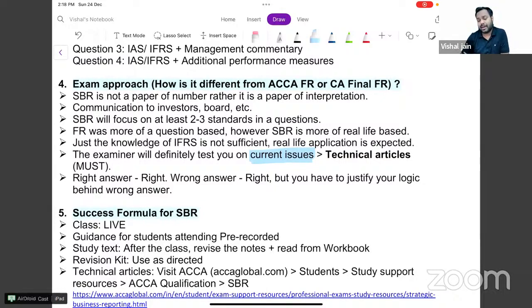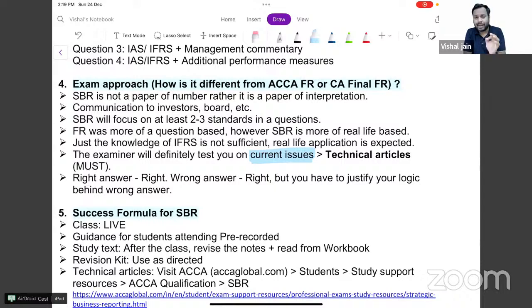Now at FR level, there is an answer. If you write that answer, it's correct, and if you write some other answer, it's wrong. So at FR level or FA level, there is a right answer and a wrong answer, and on that basis you get the marks. But when you come to SBR level, there is no right answer and no wrong answer.